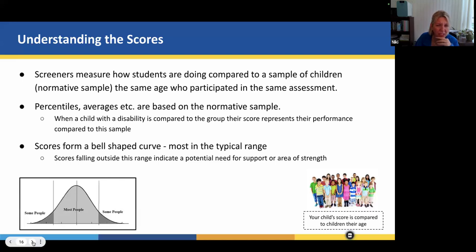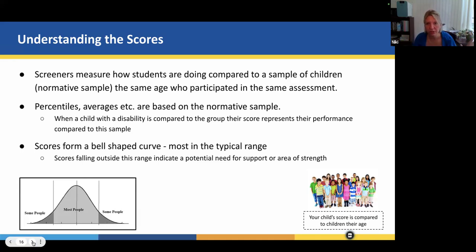But I think that's important for us to remember when we're interpreting and looking at the scores. All of these tests are designed to fall in what we call this bell-shaped curve, where a majority of the students are going to be in that average range. And then you're going to get some students that you'll see a lot of strengths on one end and areas of need on the other end.